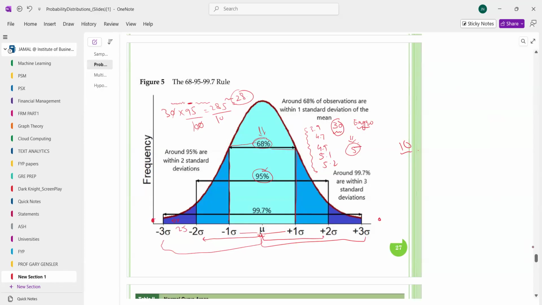It's somewhere here. This 10 is somewhere here, right? So it's away from even the 95%. You will only know about it when you cover the 99.7% of the area under the curve, or you move three deviations from your mean. In that case, you will find the return of 10.